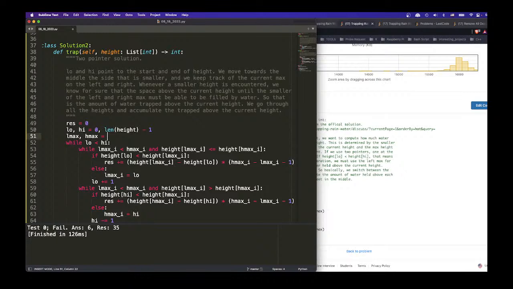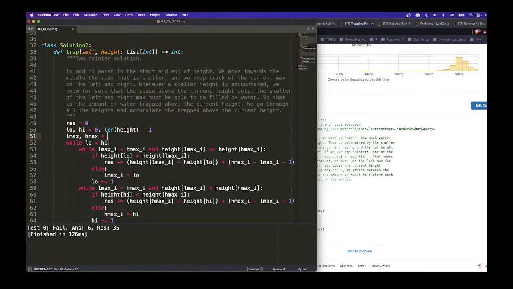So we just say if this is smaller than this, I have a low and a high, and I have a left max and a right max.